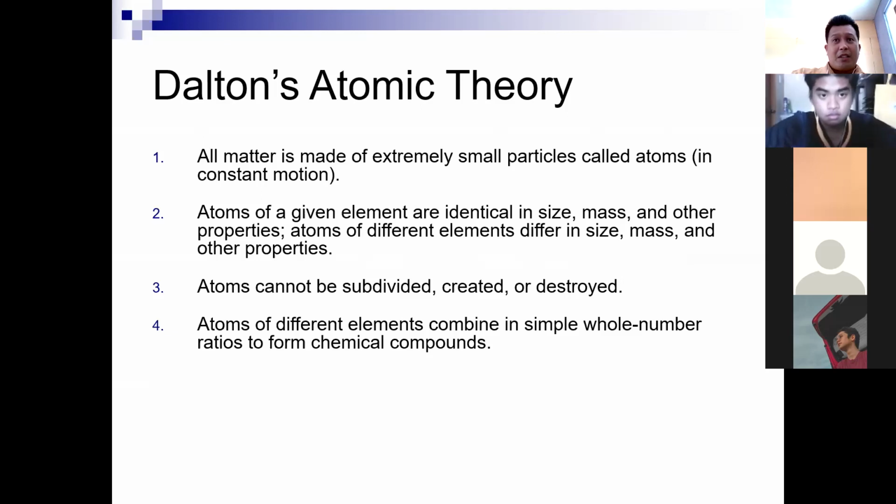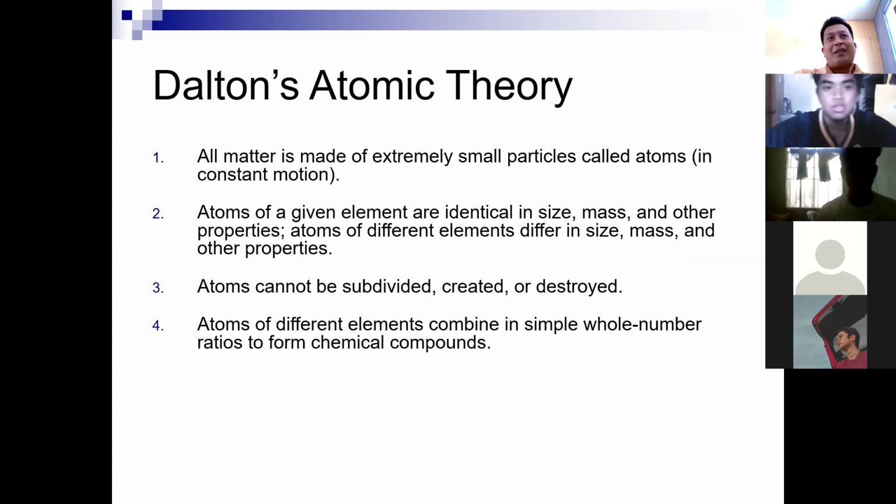Fourth, atoms of different elements combine in simple whole number ratios to form chemical compounds. We will soon understand what this atomic theory means as we move further with our discussion about chemical equations, balancing chemical equations, okay?